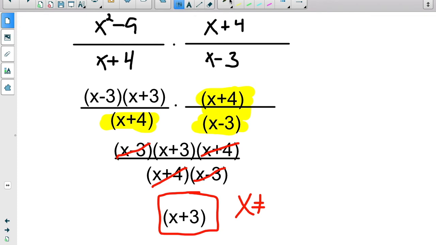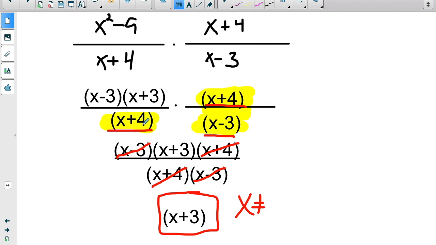Let me back up for just a second. We're looking to see where x is 0 in these three spots. If any of these three spots is still in the denominator in our answer, we don't have to list it as a restriction. But if it's still there and it's in the numerator, we need to list it as a restriction, because it's still a restriction.